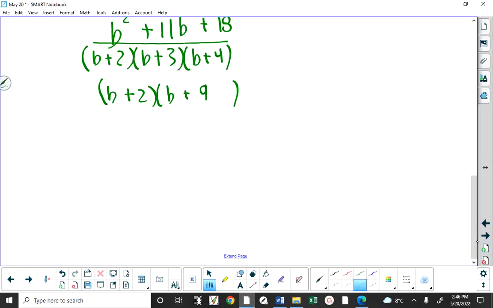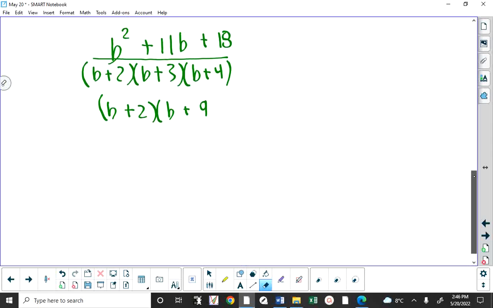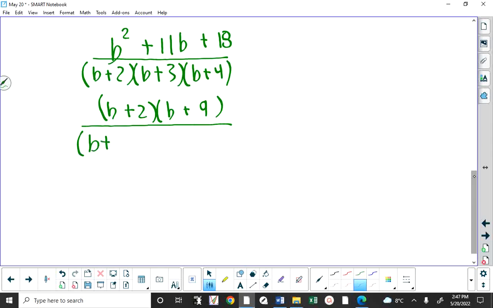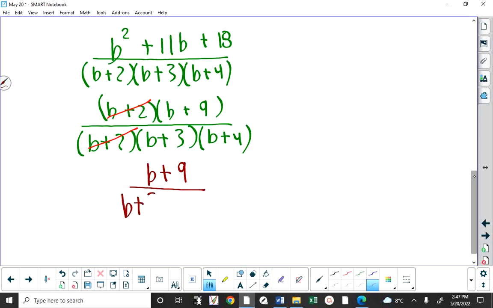So the numerator factors into b plus 2, b plus 9, and on the bottom we have a factor of b plus 2, b plus 3, b plus 4. The b plus 2's can now cancel. And this is your final answer, b plus 9 over b plus 3 multiplied by b plus 4.